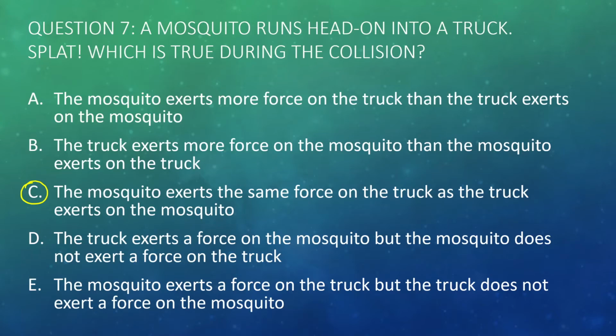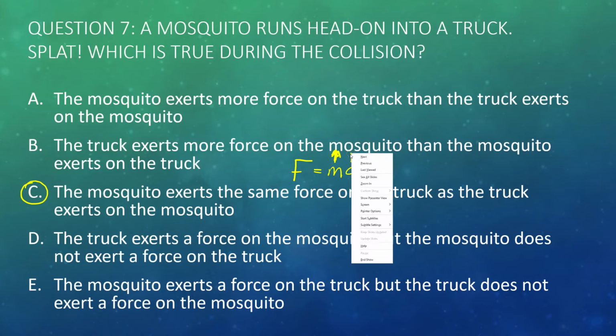Now this is very odd to some people, so let me just show F equals ma again. In the case of, let's say, the truck hitting the mosquito, well, think about what's going on here. The truck has a really large mass, but because the truck hits the mosquito, is it going to change its speed very much? I mean, no. The mosquito's not going to slow the truck down at all. So it has a very low acceleration.